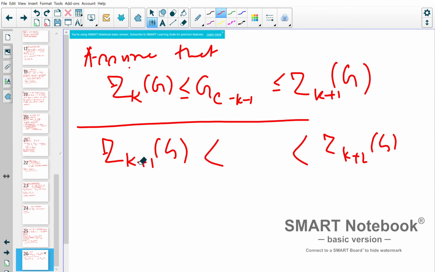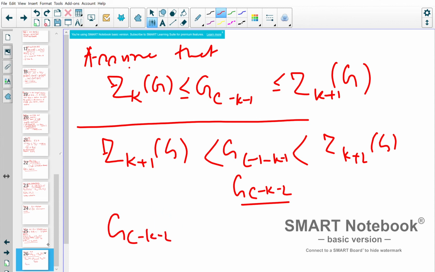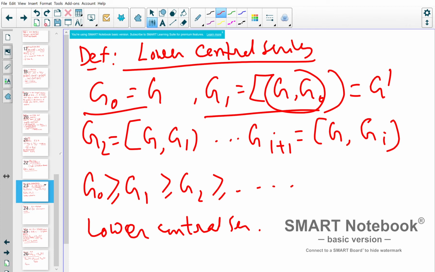If I put K plus 1, then C minus 1 minus K plus 1, so that becomes Z_{C-1-K-1}, which means this is G, C, K minus 2. So you see the definition of the series. Z_{i+1} is coming from this.